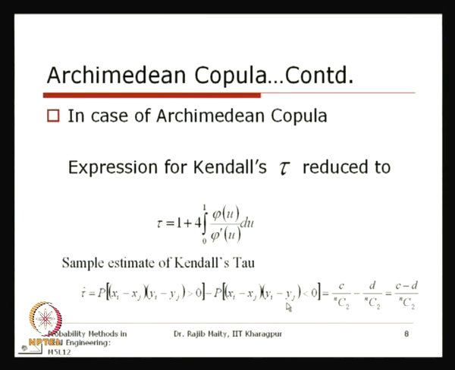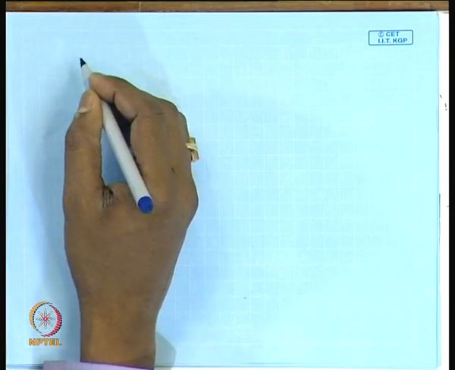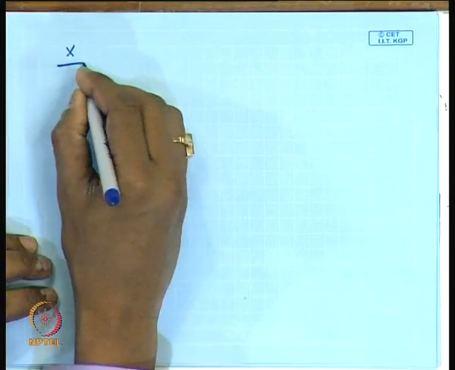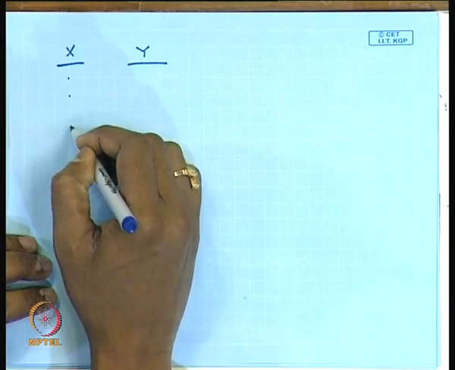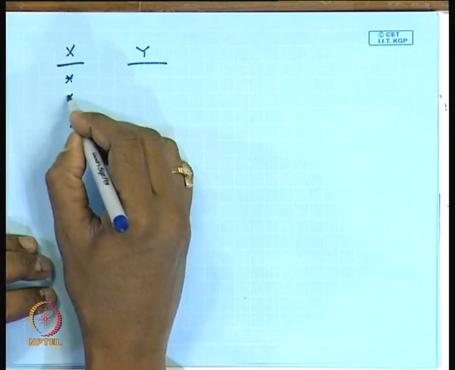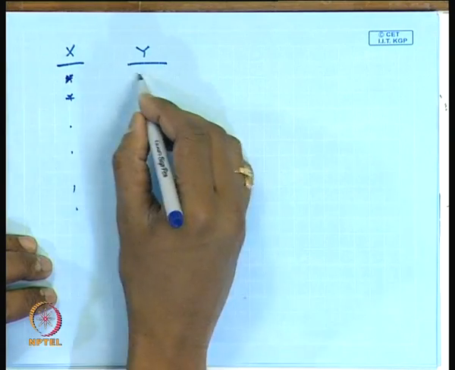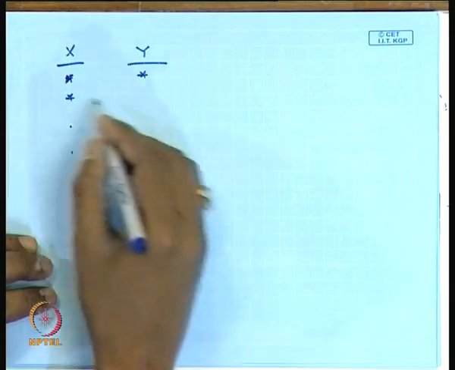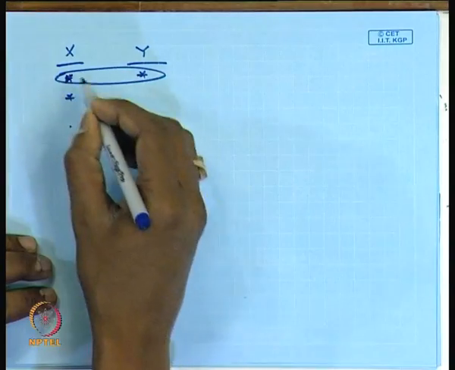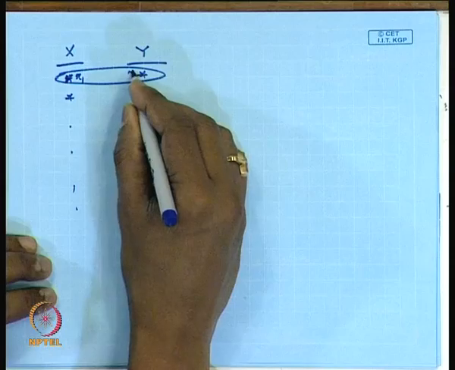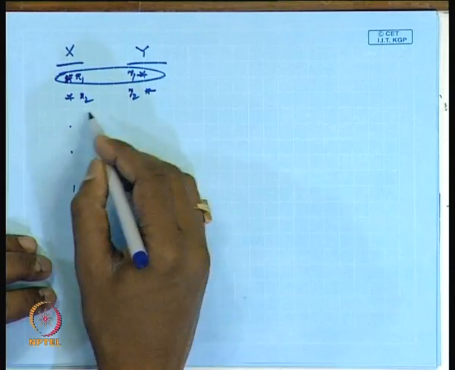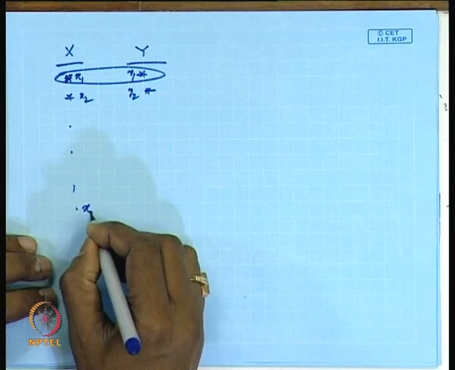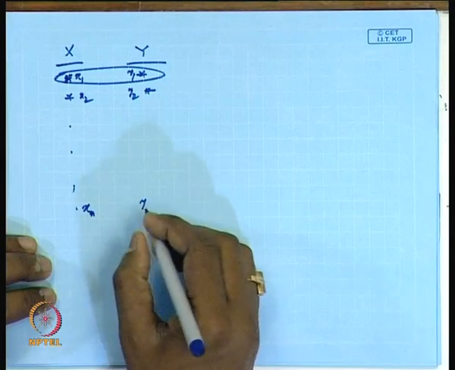I will just explain here how this looks from the data. Suppose there are two random variables that we are talking about, and we have some data available to us. This is the first entry of x and the first entry of y, so this is paired. This is x1 and this is y1. Similarly, this is x2 and this is y2. And like that we have n data points, xn and, say, yn.